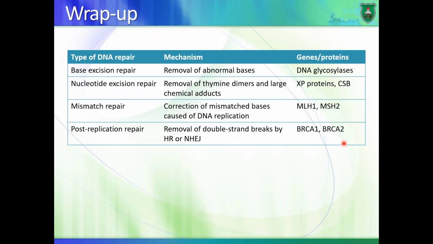Two proteins that we talked about are the BRCA1 and BRCA2, as well as the RAD51. So this is sort of a summary of what we talked about. That's the end of this lecture.